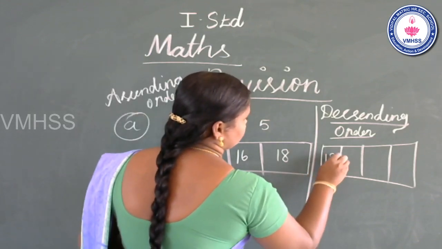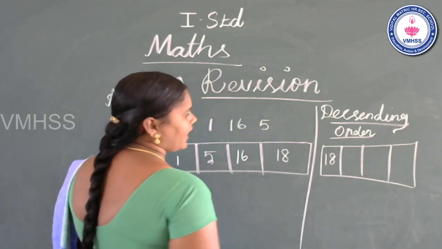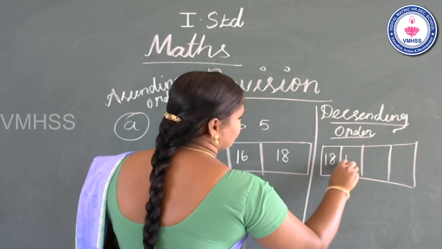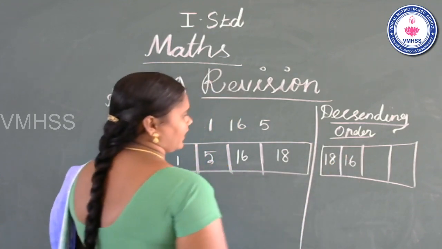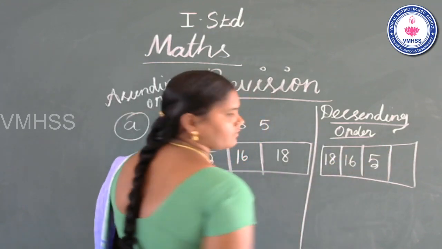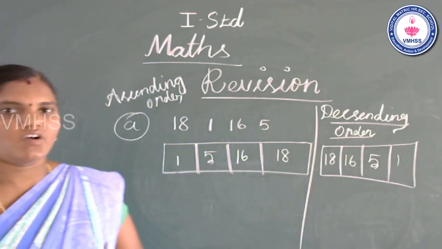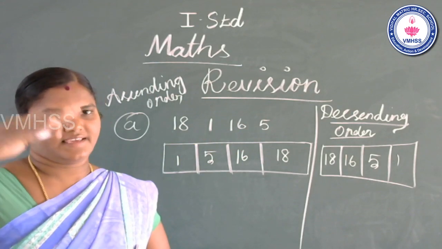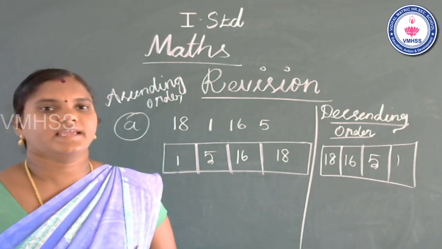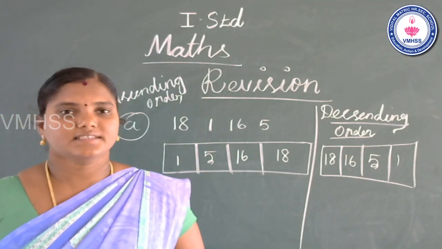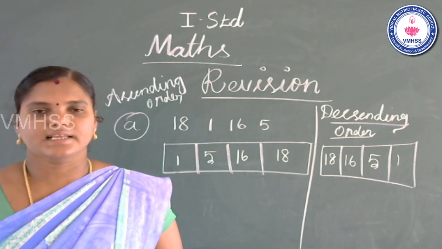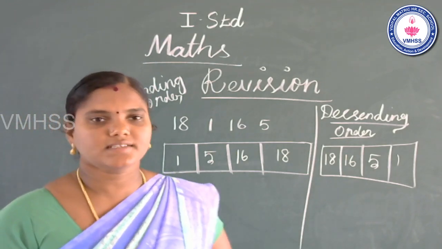Very good. 18, 16, 5 and 1. Sir, descending order, இறங்கு வரிசை. Descending order. It's clear, students?